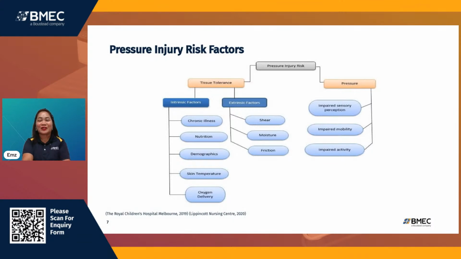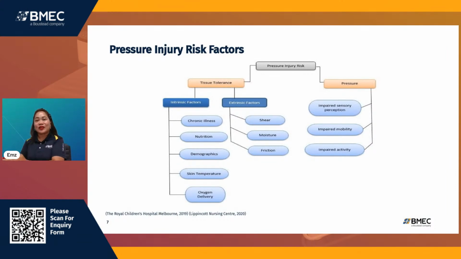While the extrinsic factors, externally, are the shear forces, especially when your patient is sitting back, it can lead to shear forces and also affect moisture. Also friction, because when you're moving your patient up and down and rubbing the skin, that is friction, and it can also cause pressure injury.